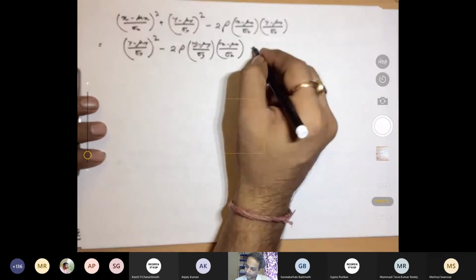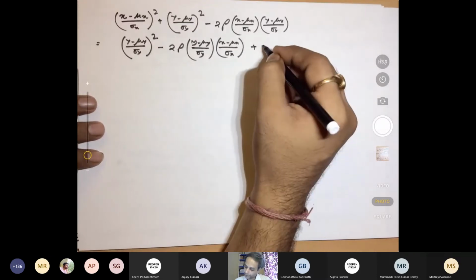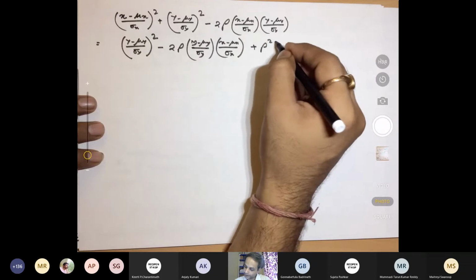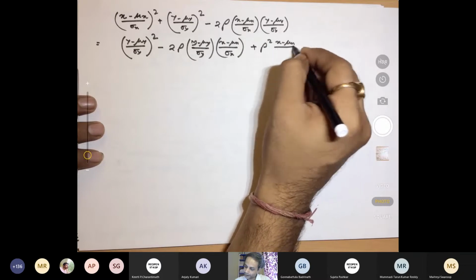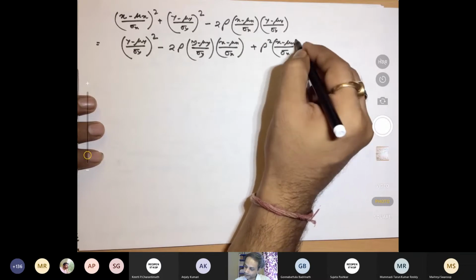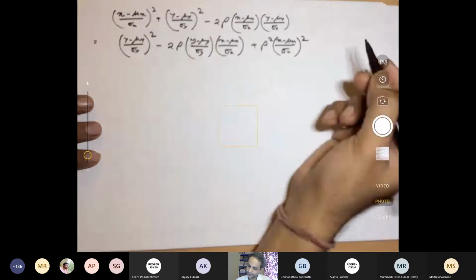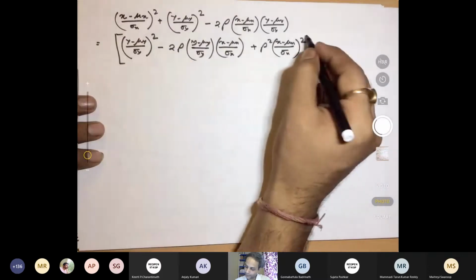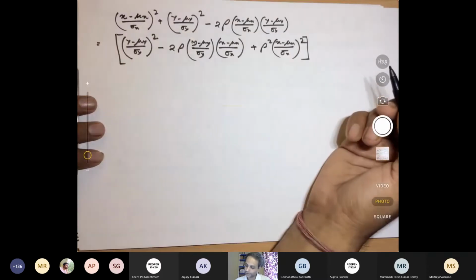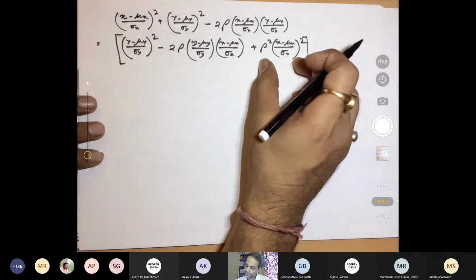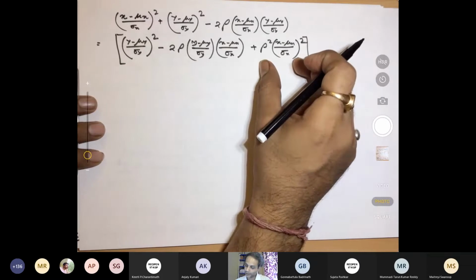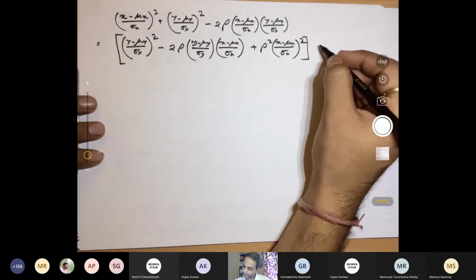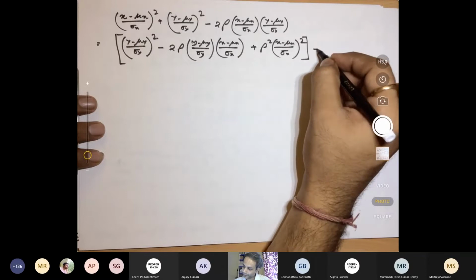Now if I add rho square times ((x minus mu x) by sigma x) square, then this quantity will be a perfect square. Then I have introduced this part, so I need to adjust for it.